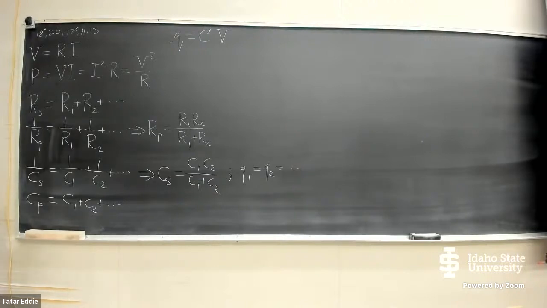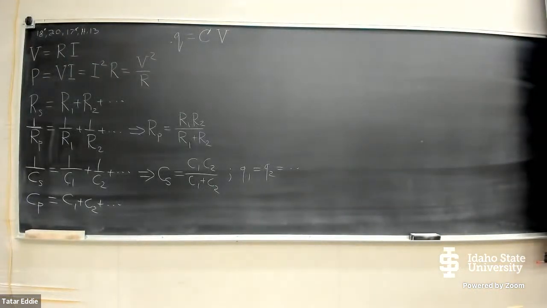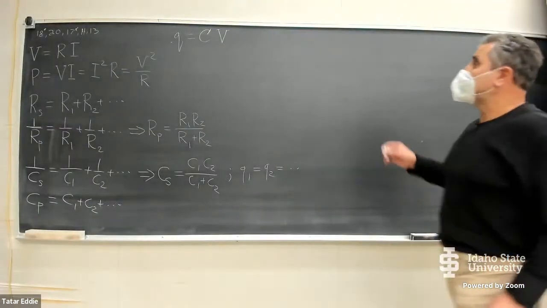What is left from this chapter is a little bit of discussion about how a circuit that contains a battery, capacitor, and resistor connected in series behaves.